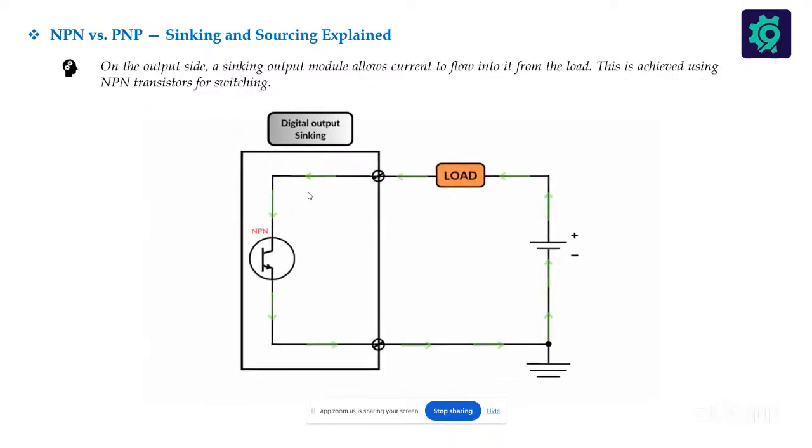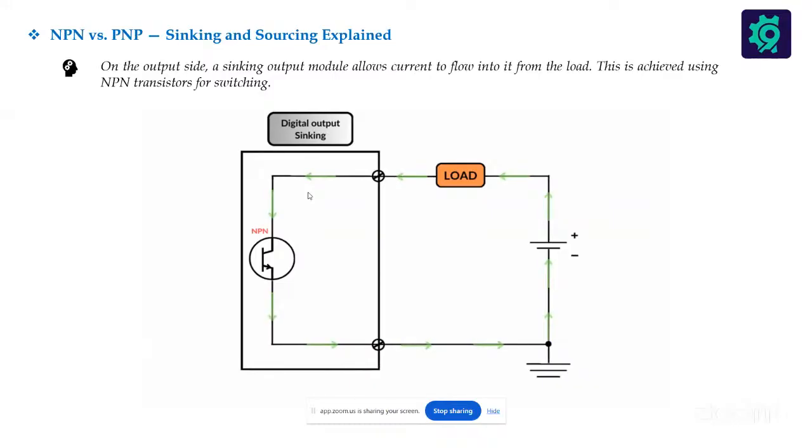For your output, it is still the same flow. On the output side, the sinking output module allows current to flow into it from the load. This is achieved using NPN transistors for switching.